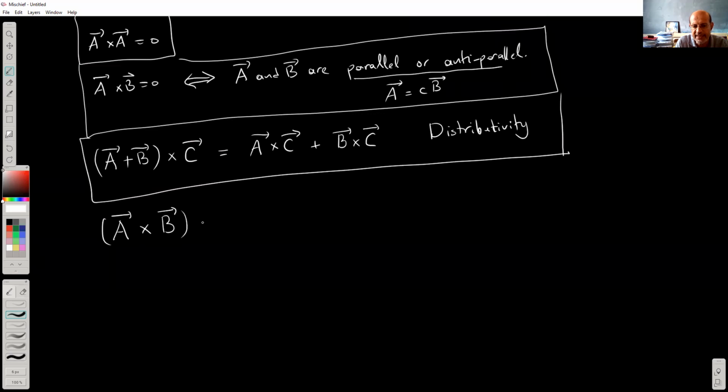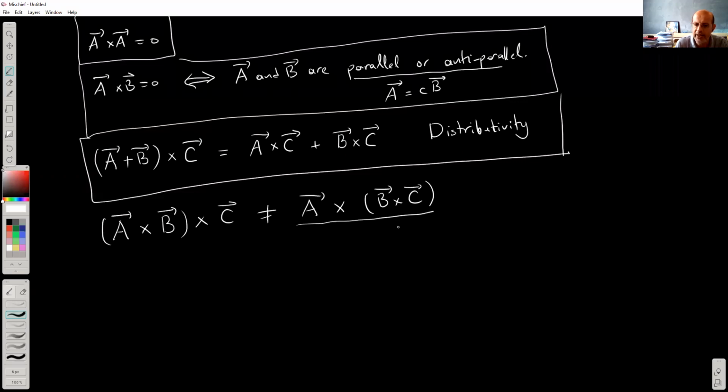So that's not true. A cross B cross C is not the same thing as A cross B cross C, with the brackets in different places. And the reason is that, you can think of it like this.